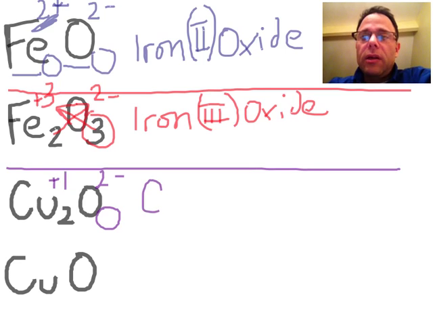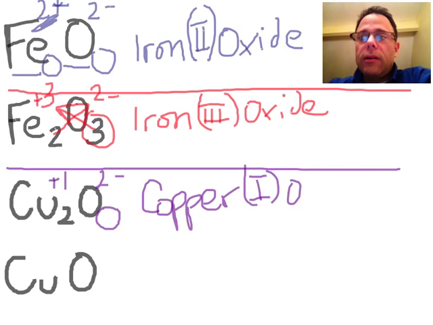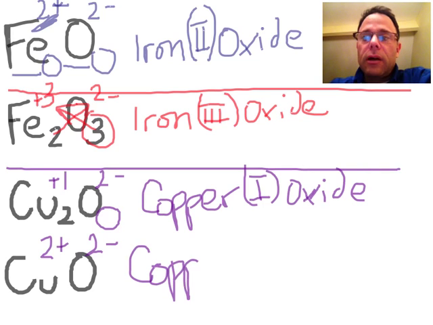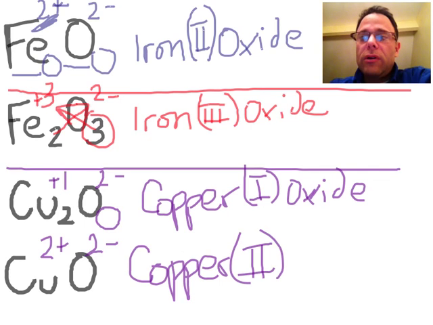So this would be copper 1 oxide, and this one here 2 minus, therefore this must be a 2 plus. It's a 1-to-1 ratio. This one is copper 2 oxide.